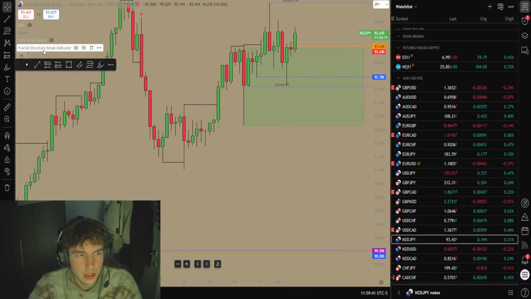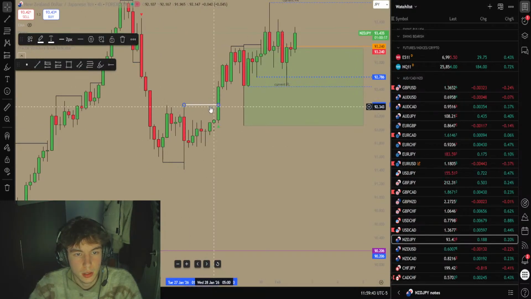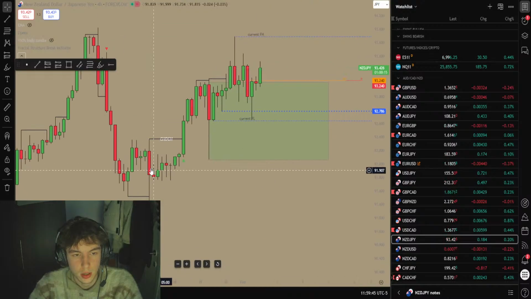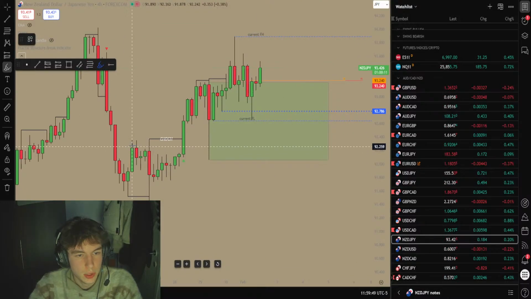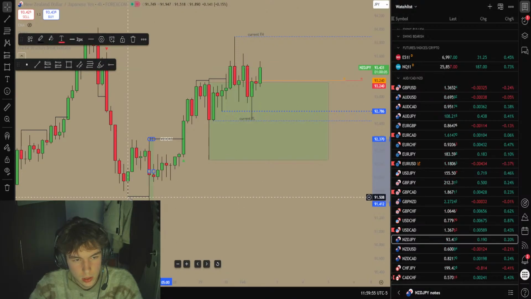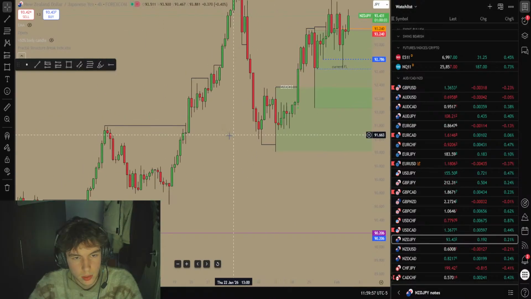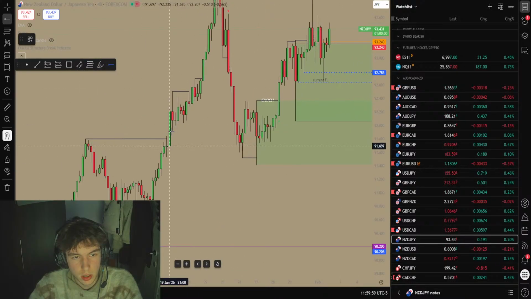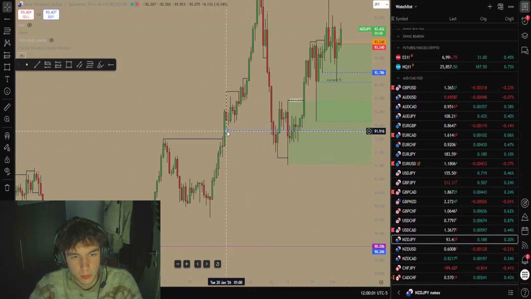Okay, so here we had that change of character towards the upside on the fractal time frame. We can see that we created an obvious demand zone, an area of demand. So the sell before a big buy swept liquidity. We can see we swept this low as well. This was our lowest low within the overall push towards the upside.